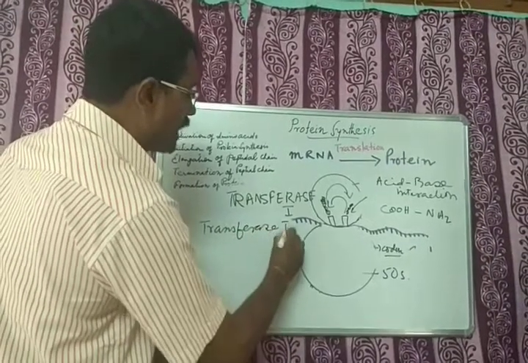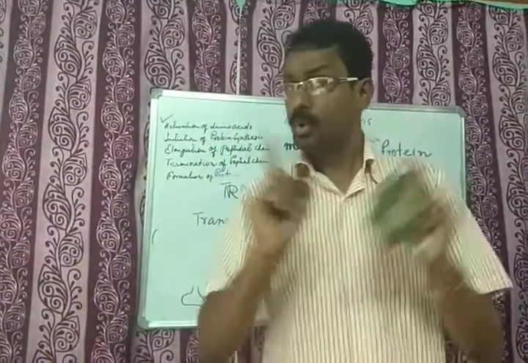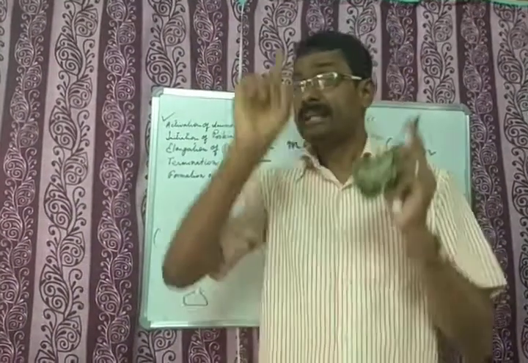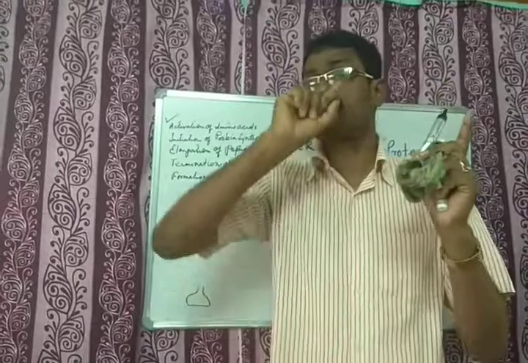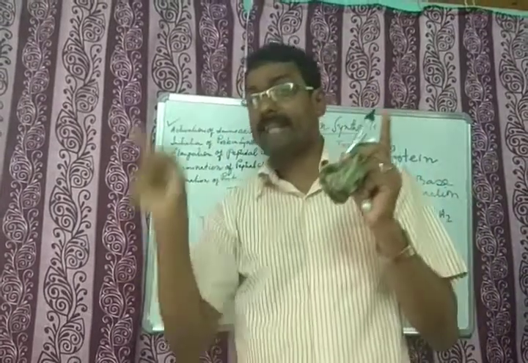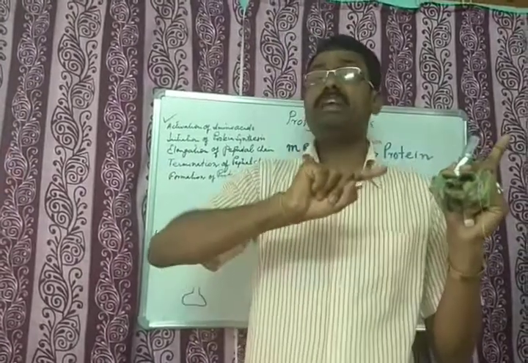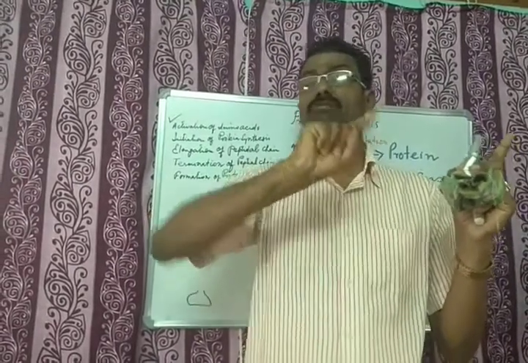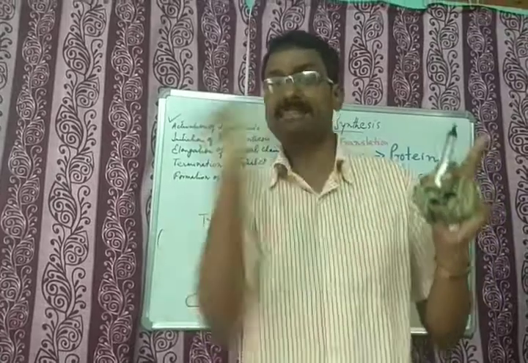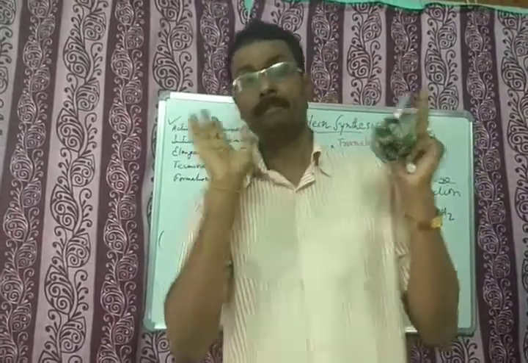So, two enzymes are working here, transferase 1 and transferase 2. Transferase 1 shifts the chain of amino acids from the A site to the P site. Transferase 2 shifts the peptidal chain from the P site to the A site, and that is a simultaneous process. Both processes keep going at the same time.